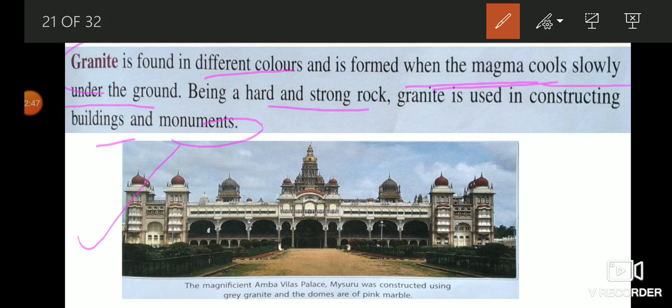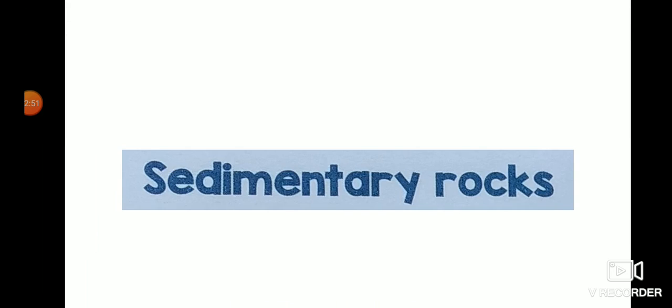Okay, and you can see here in this diagram. So I think we have discussed different kinds of igneous rocks, and I think you have understood the types of igneous rock and their properties and where they are used.